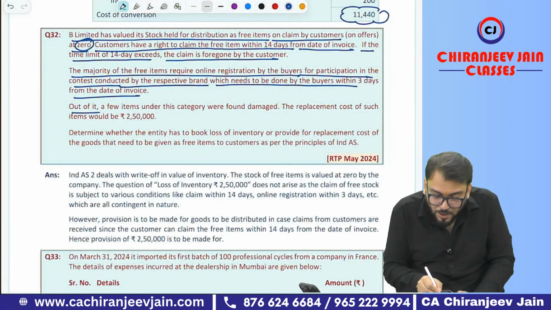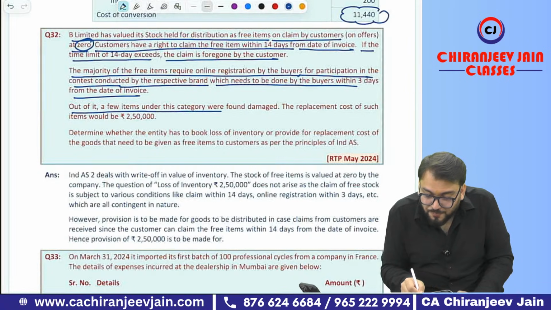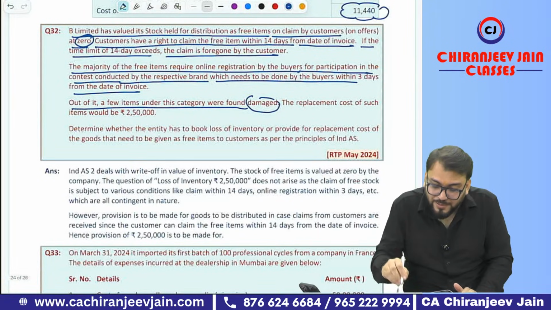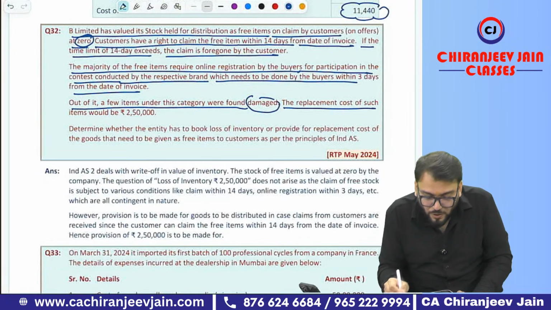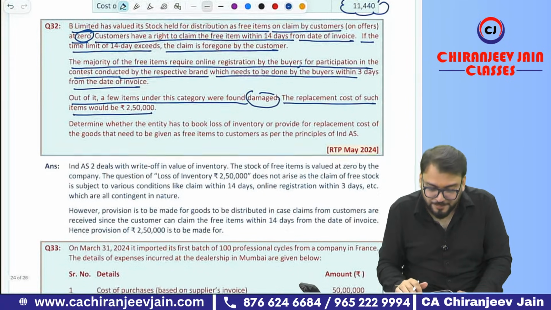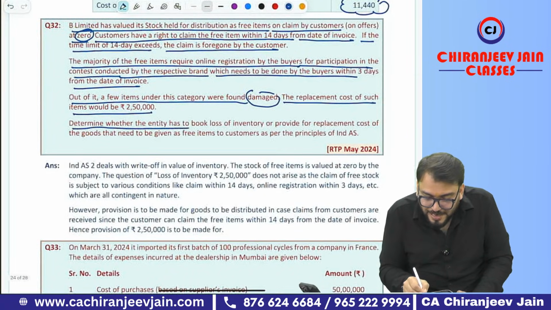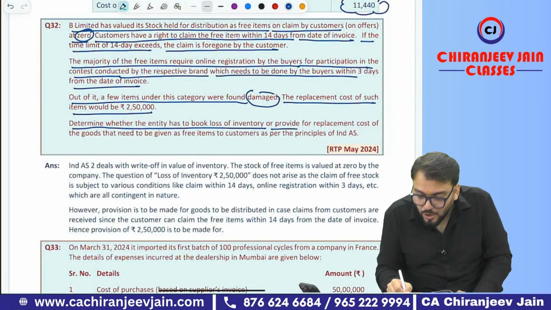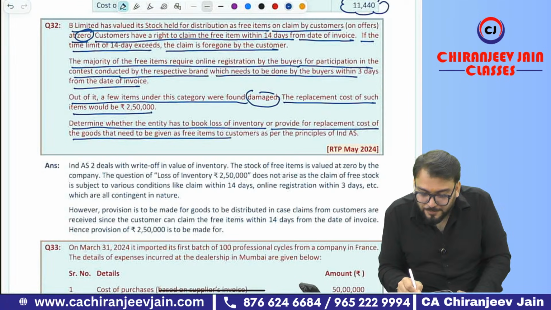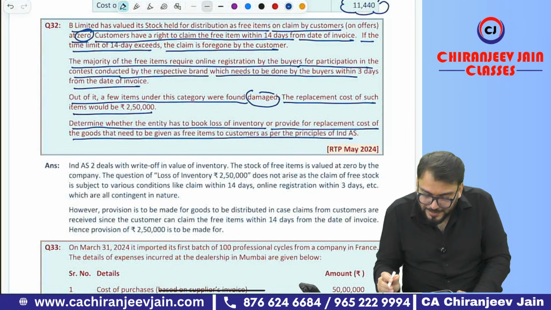Okay. Out of it, a few items under the category were found damaged. There were some free items which were found damaged. The replacement cost of such items would be 2,50,000. The cost of replacement determines whether the entity has to book loss of inventory or provide for replacement cost of the goods that need to be given as free item to customer as per the principle of Ind AS.